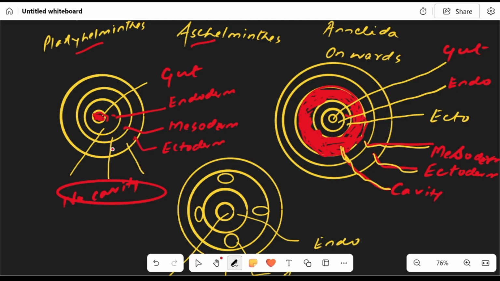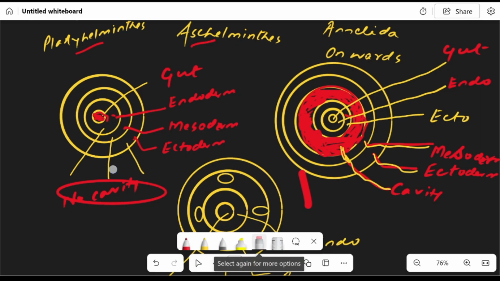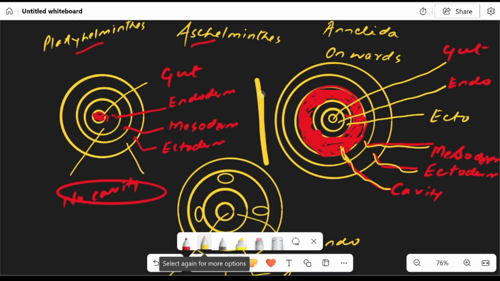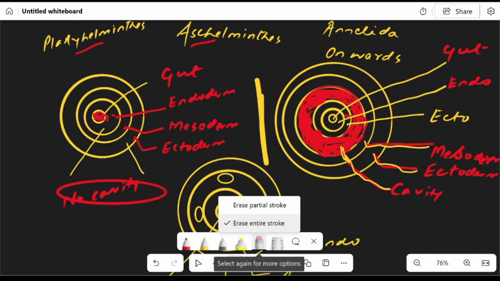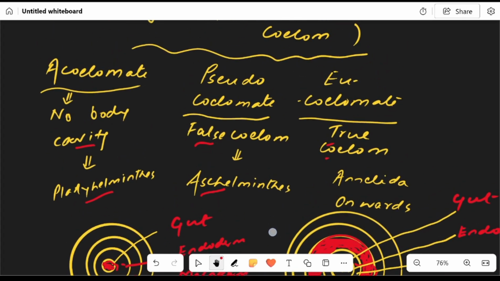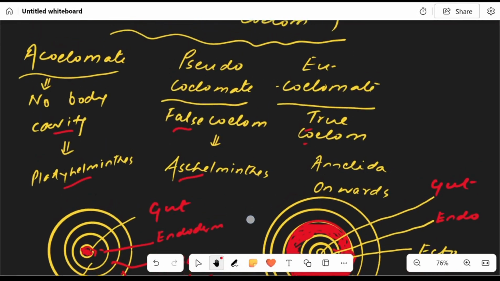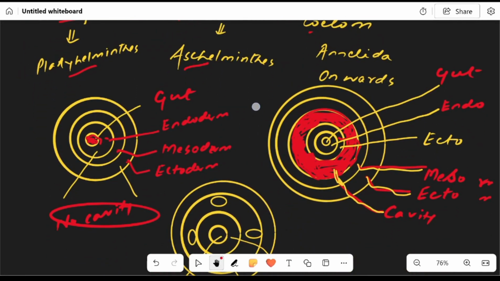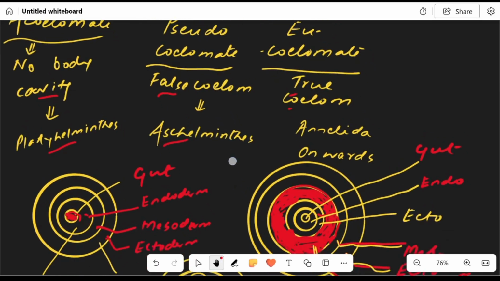So it's called acoelomate. An example, Platyhelminthes.